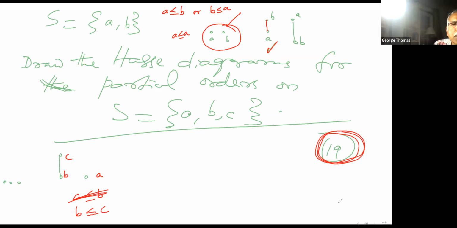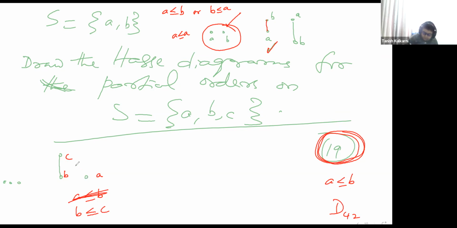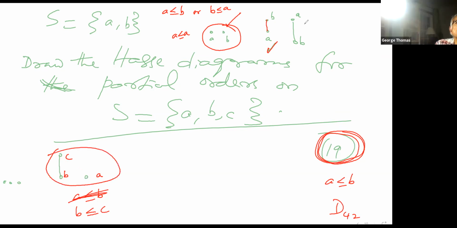Remember when we were doing D42, we connect only those like that. Only those pairs are connected. So if they are not connected, they are not related. Agreed? A is not related to B. So this is not a total order. Is this a total order for this set? Remember, for a set S, this is a partial order. This is a total order.